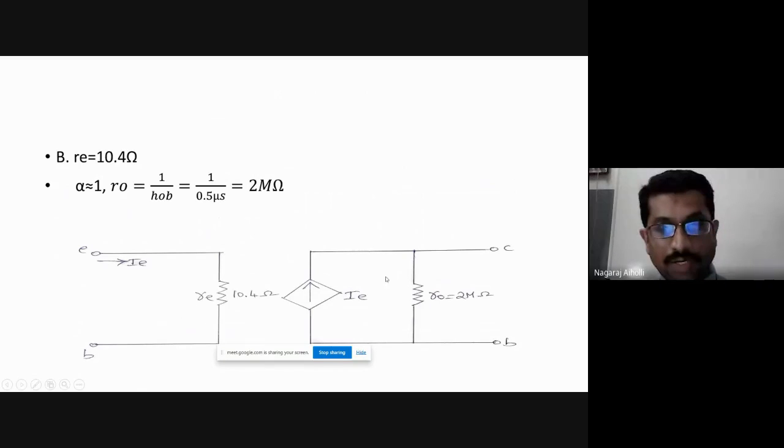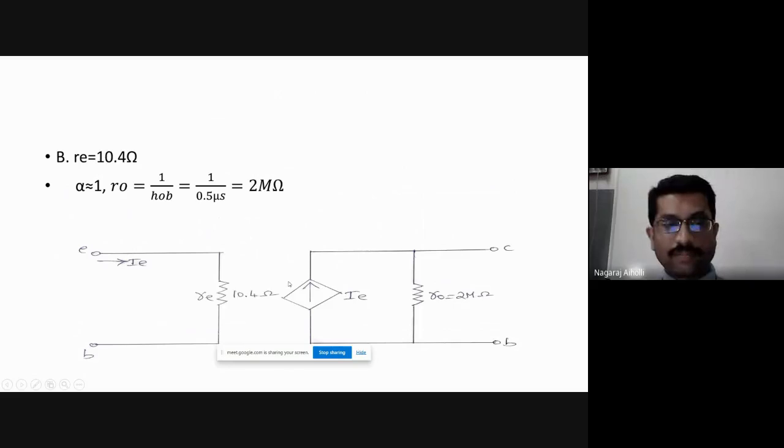Then here we have IE, the emitter current, that is alpha IE. Alpha is approximately 1, therefore it will be equal to only IE. Then we have to calculate RE and R naught, the output resistance.